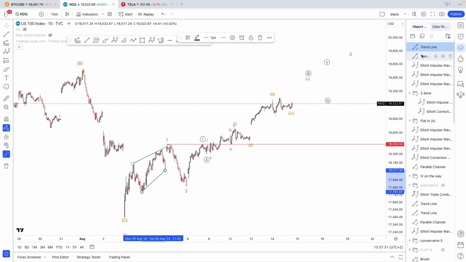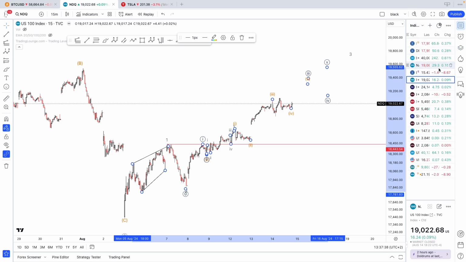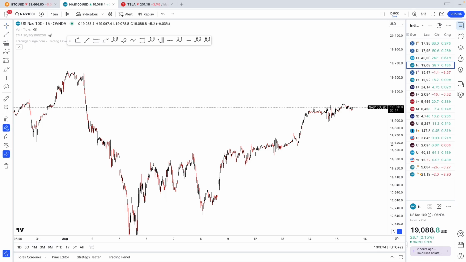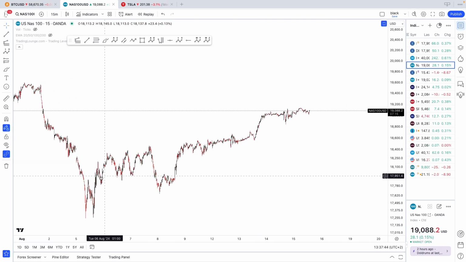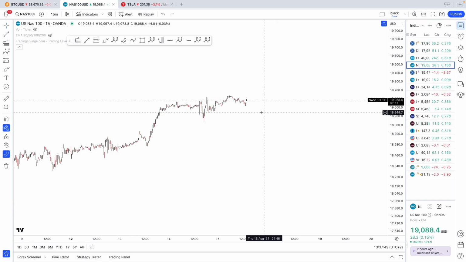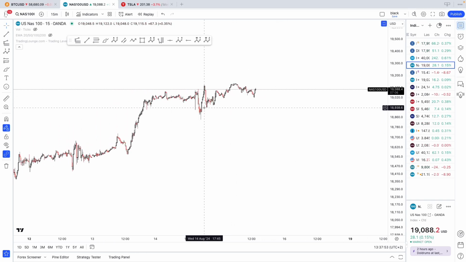So let's take a look at the futures. So here's the futures, and yeah, you have your potential 1-2. This is very common after the close. This time is CET, Central European Time.